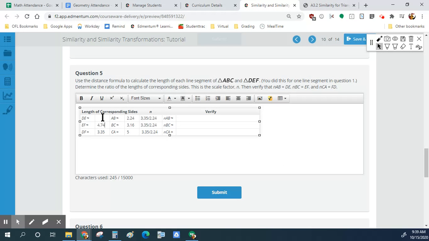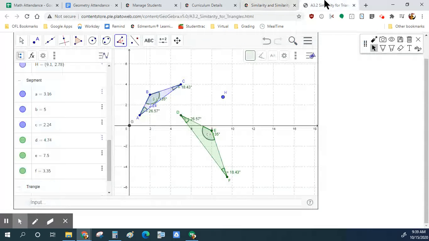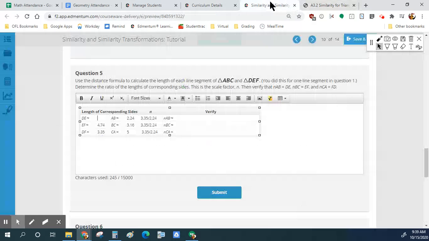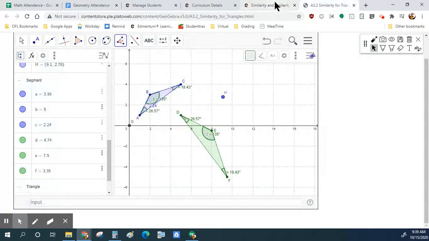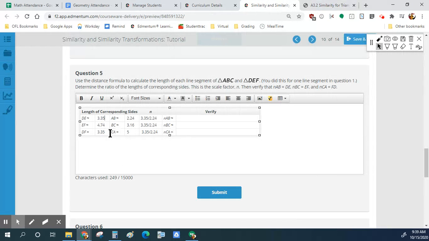I want DE, I want little f, which is 3. Wait, did I do this wrong? Oh, I see what I did. I thought this was DE. That was my bad. Little e. What's little e? Little e is 7.5.